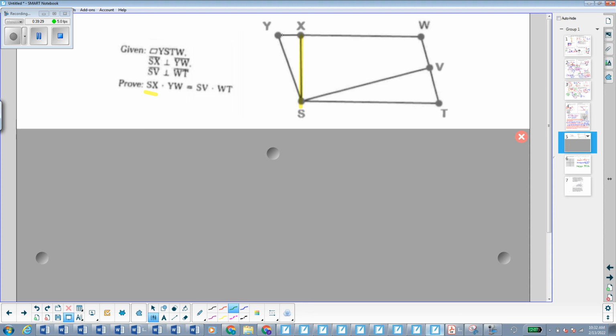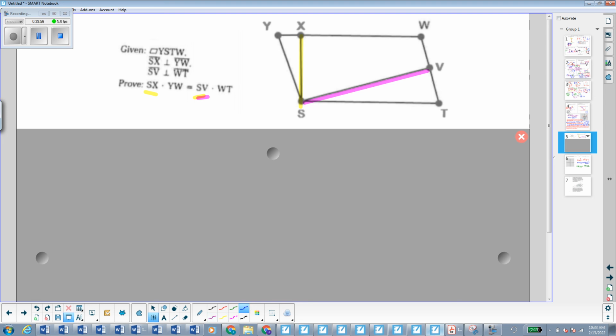Notice how YW is not a side of any of the triangles. Also SV, if you take a look, is from this other triangle. So we actually need 2 corrections because WT is not from any of the triangles either. Sorry about that. Definitely made an error there in the question.